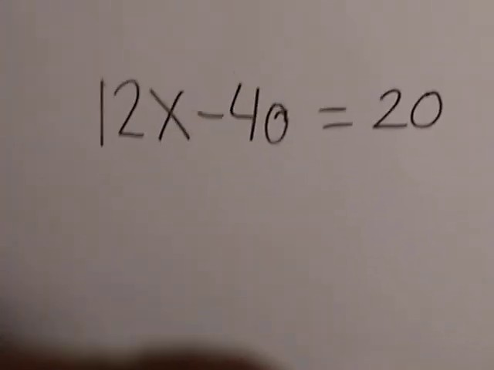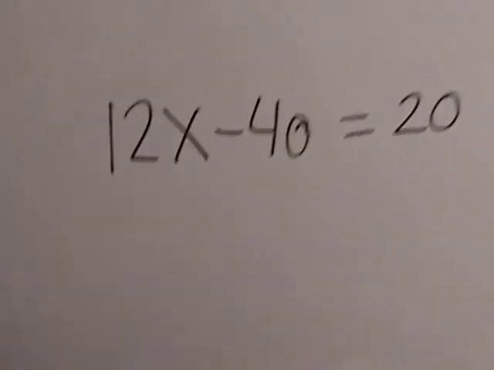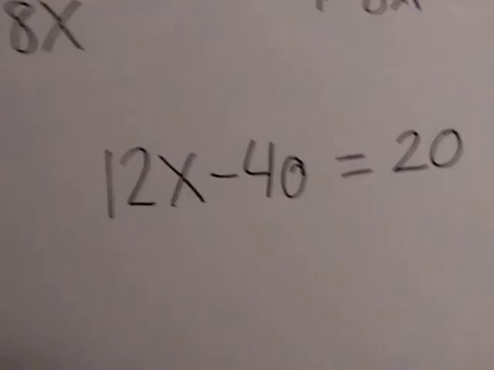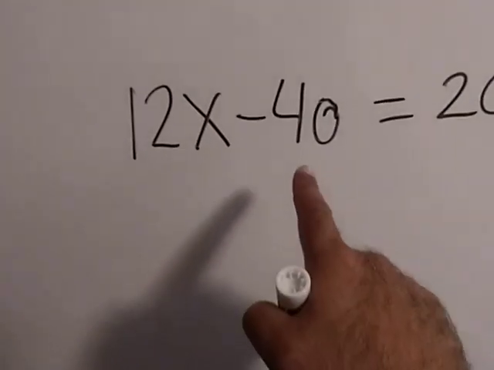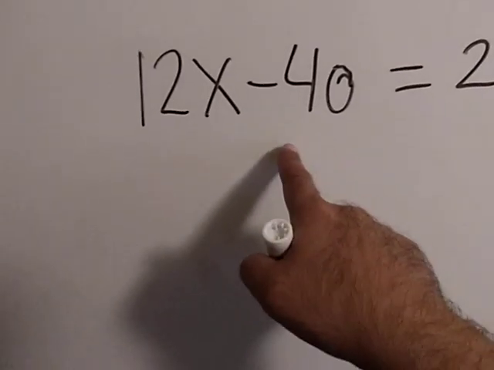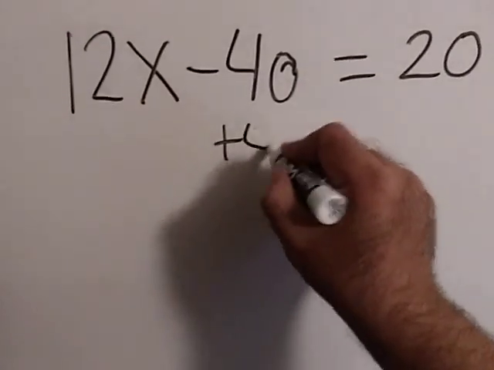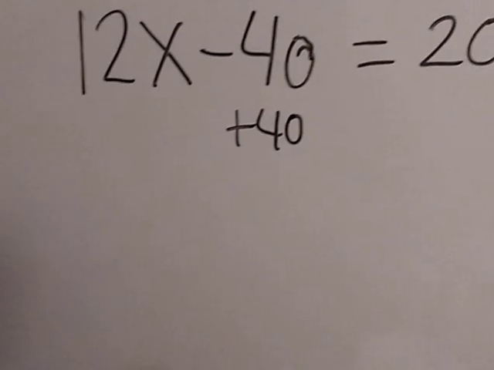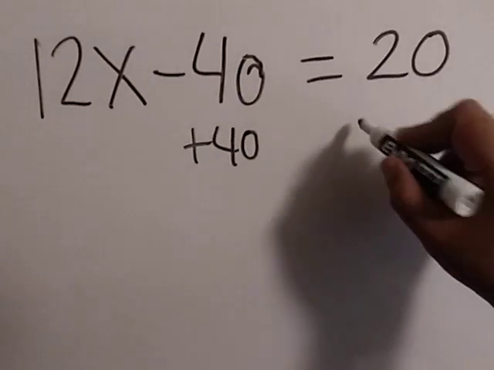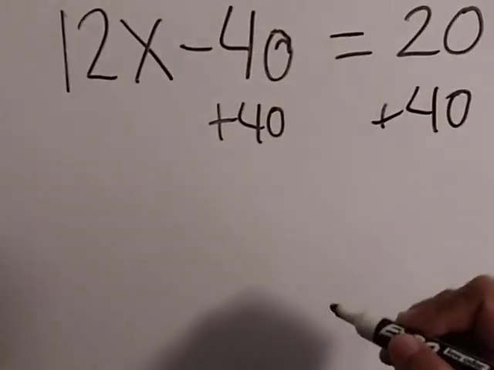Now we come back to still a multi-step question here, and we're going to be moving this negative 40 to the opposite side by adding 40 to both sides, the opposite operation, guys, remember? And we add 40 to the right hand side.